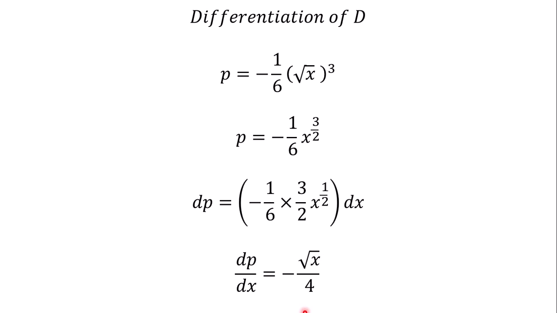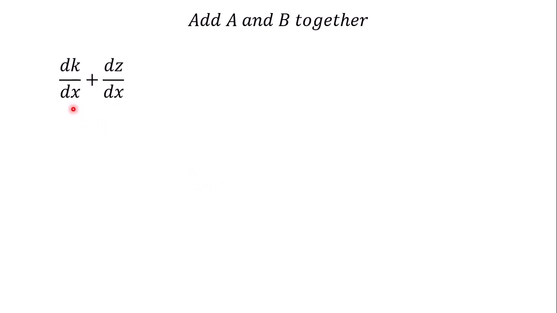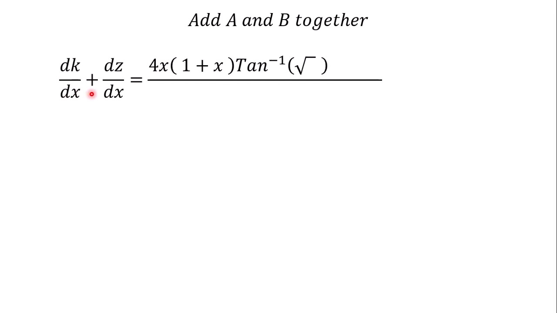Okay, so add A and B. This is what I was talking about. What is the answer that we got to A? We are representing it as a derivative. So A is the derivative of k, we had dk over dx plus dz over dx.